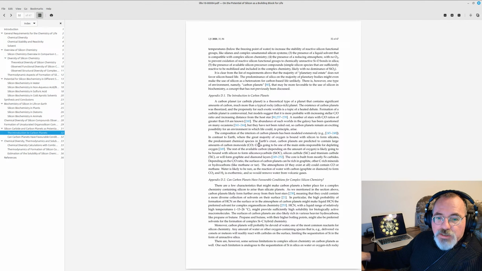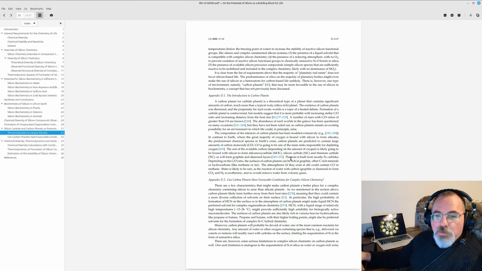Carbon monoxide is going to be one of the main sinks responsible for depleting oxygen. The rest of the available carbon, depending on the amount of oxygen, is likely going to be bound with silicon to form silicon oxycarbide, SiOC, silicon carbide, SiC, and titanium carbide, TiC, or will form graphite and diamond layers.